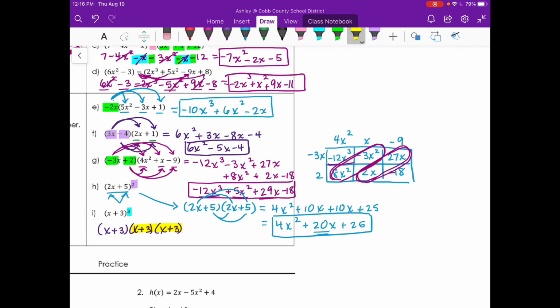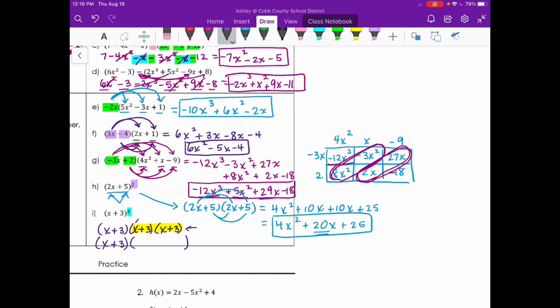Okay, notice that I highlighted the second and the third. That's because I want to keep, this is just personal preference, I like to keep the binomial at the front and then multiply that with whatever I get when I do these 2.